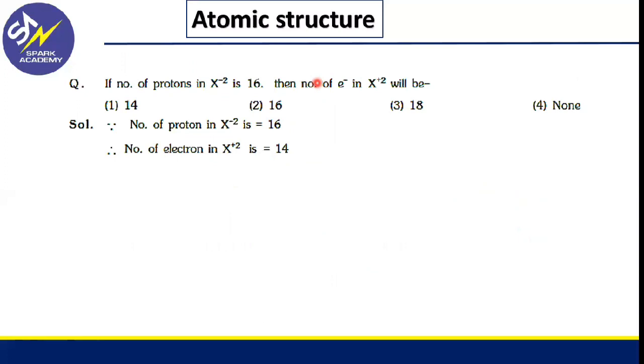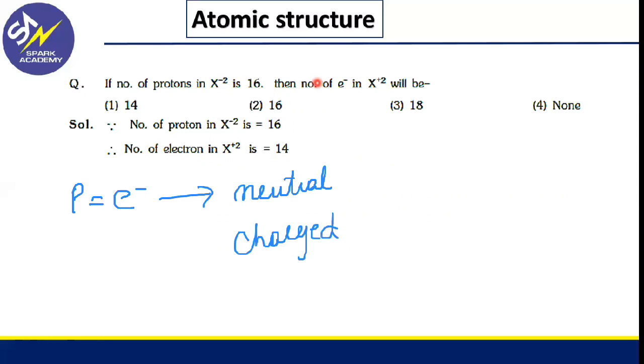I told you that the number of protons, before we go into this question, if it is neutral, is equal to the number of electrons. If it is charged, take sodium: the number of protons is 11. So protons equal 11, and if it is neutral, electrons will also be 11.